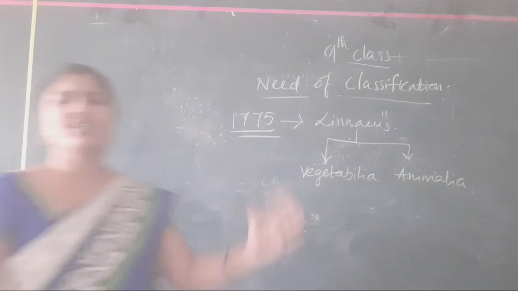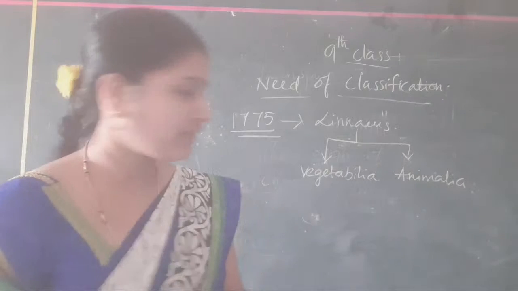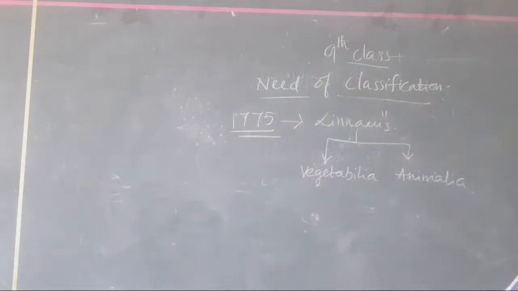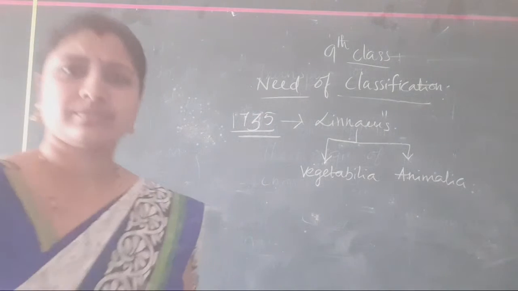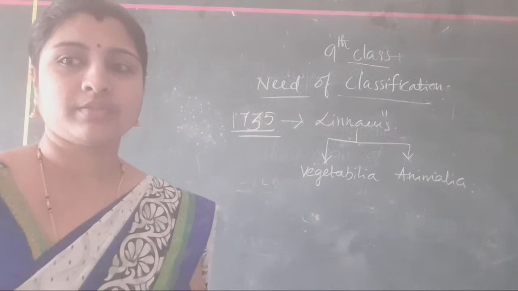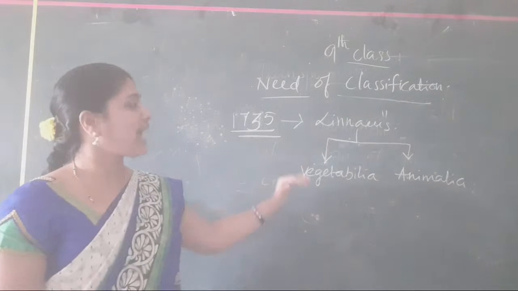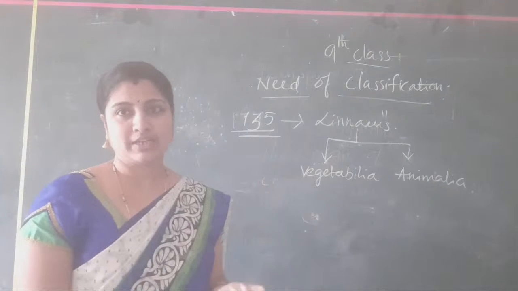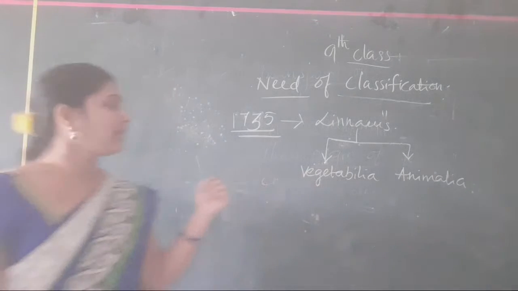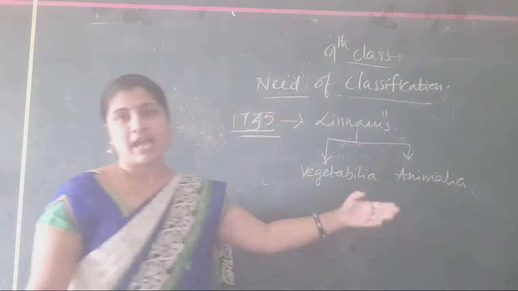The classification started in the 2nd century only. 1735. Linnaeus divided into Vegetalia and Animalia. So Vegetalia is nothing but plants, Animalia is animals.